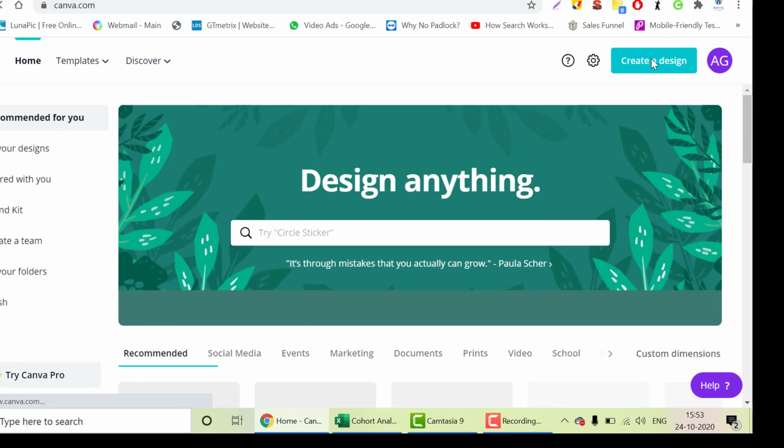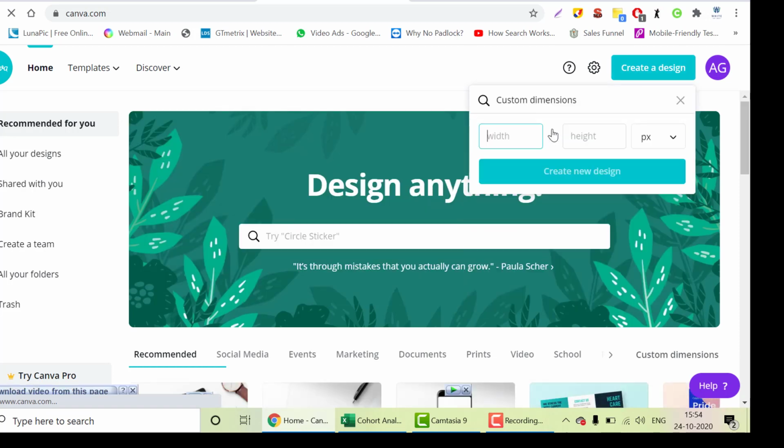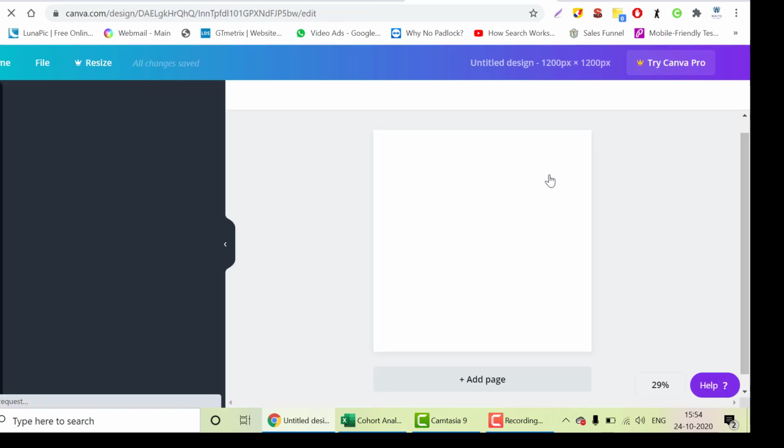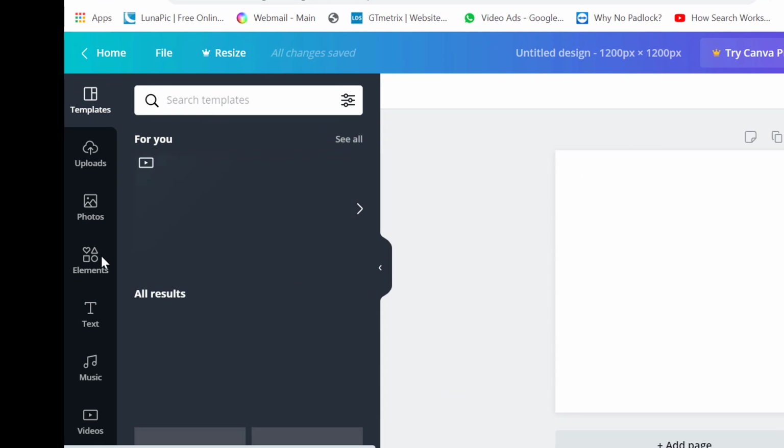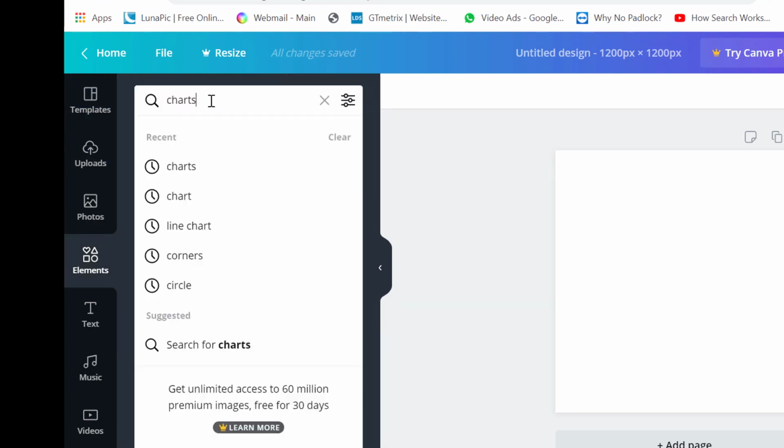I click on create a design, custom dimensions. So I'll put 1200 by 1200 pixels, so that we have a big canvas onto which I can explain it well. And then let me go to elements, and I will go to charts.